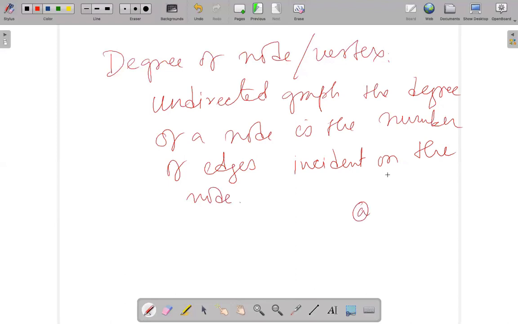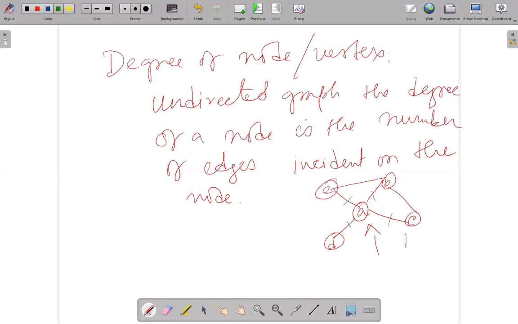So let's say this is a node A. So in this example, the degree of node A is equivalent to the number of edges, that is 1, 2, 3, and 4.